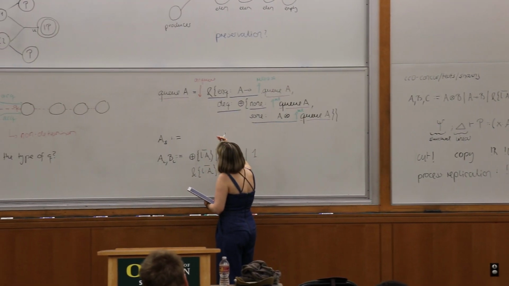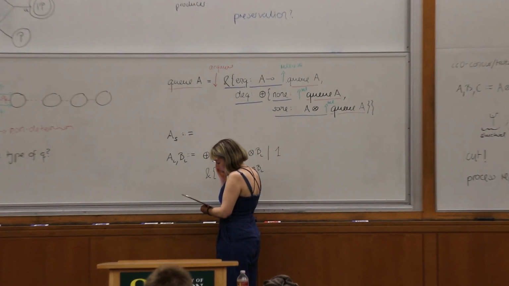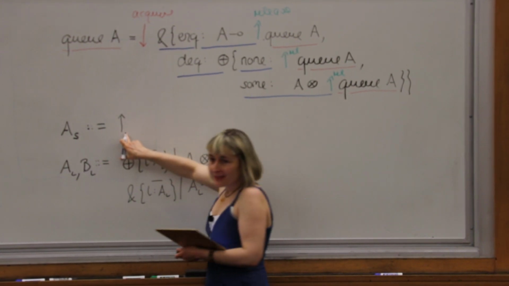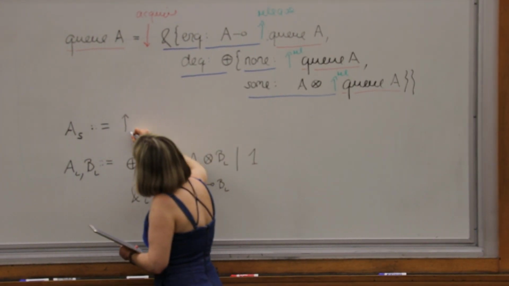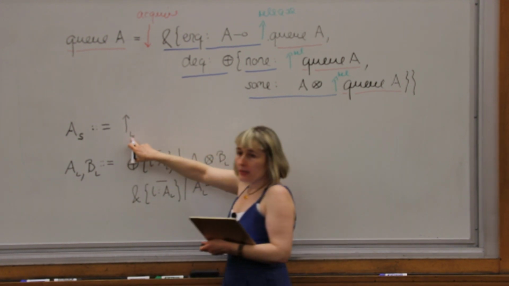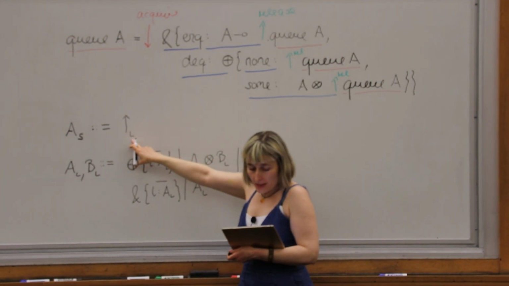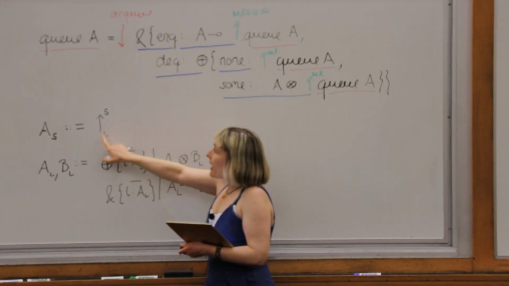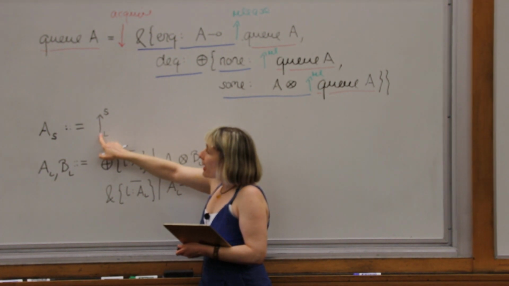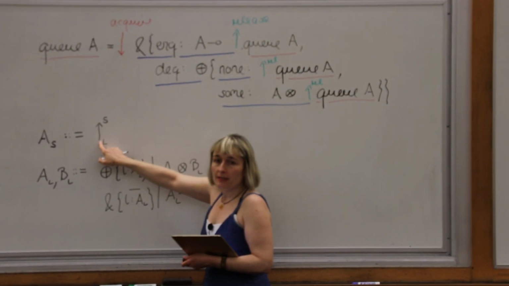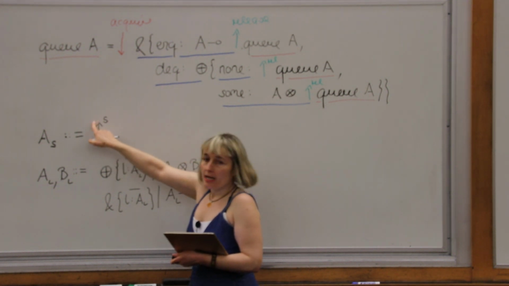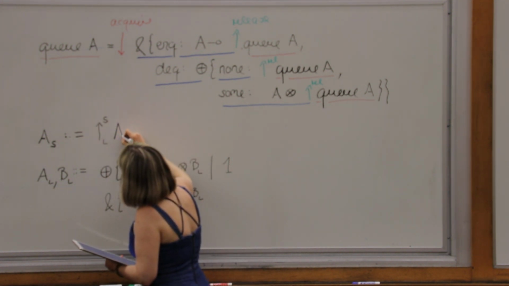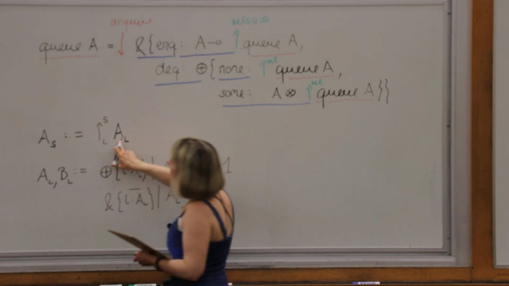So the acquire, we can express it as an up arrow, meaning that it takes us from the linear layer, which I write here as a subscript, to the shared layer. So the way to read this is we take a proposition that is at the linear level and shift it up to the shared level, which means the entire thing is now shared. And we can do this with any linear session type.